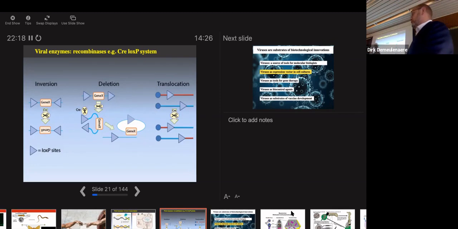If an animal cannot develop without a gene, then you flox it. Then when the animal is fully mature, you induce Cre expression that will genetically remove the sequence from the gene. You can also use it for translocation. So these are all tools that have been produced based on molecules characterized in viruses. And I could continue like this until tomorrow. They are full of examples.